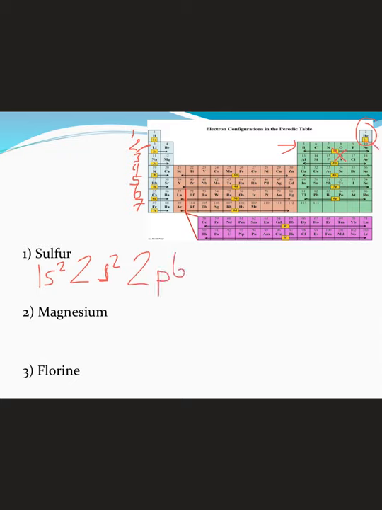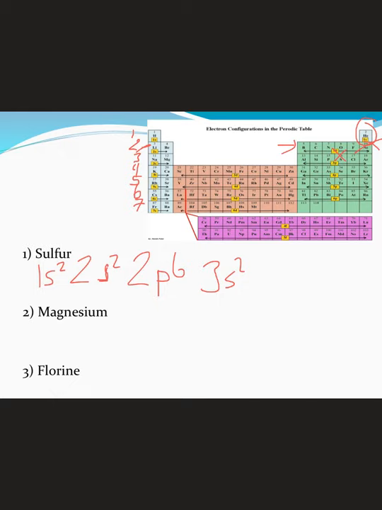So that takes us to neon. And then we go back over to sodium, which is in the third energy level. So it'd be 3s2. So that takes us to magnesium.